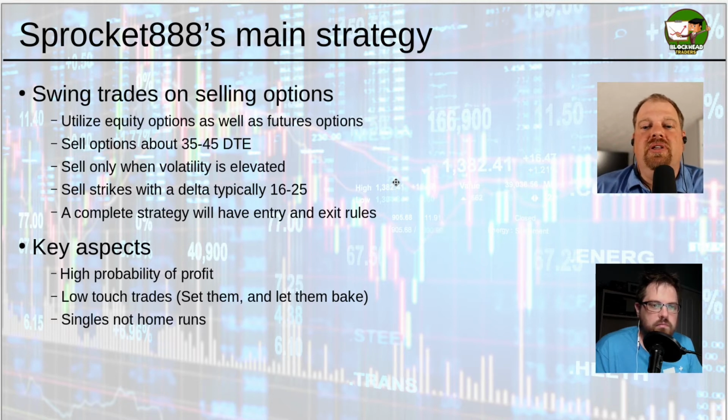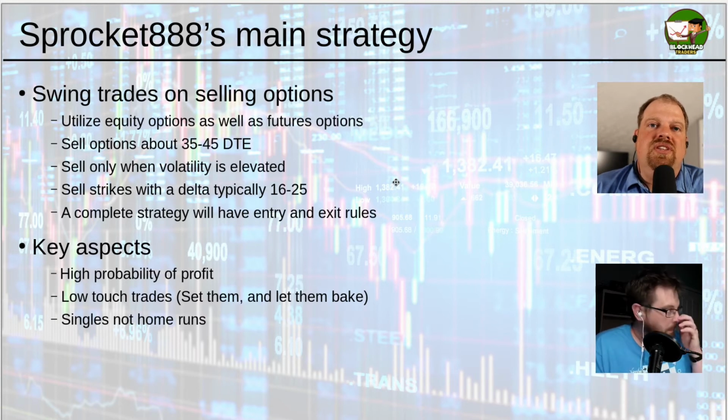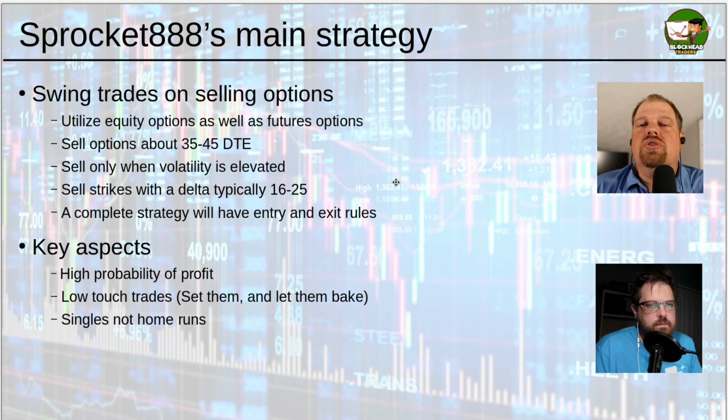I typically start that premium selling at what's known as a 16 to 25 delta, which basically means there's only a 16 to about 25% chance that I will have to pay out on that insurance policy that I'm selling. So these are high probability trades that have an 85%, 80%, 76% chance of actually winning.